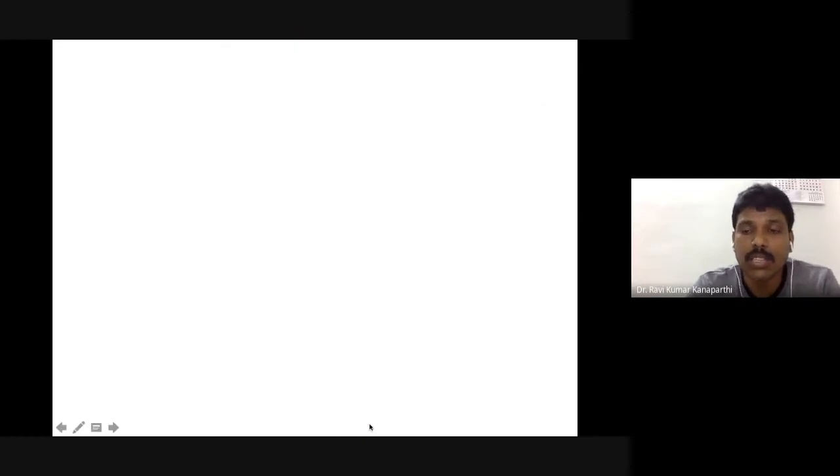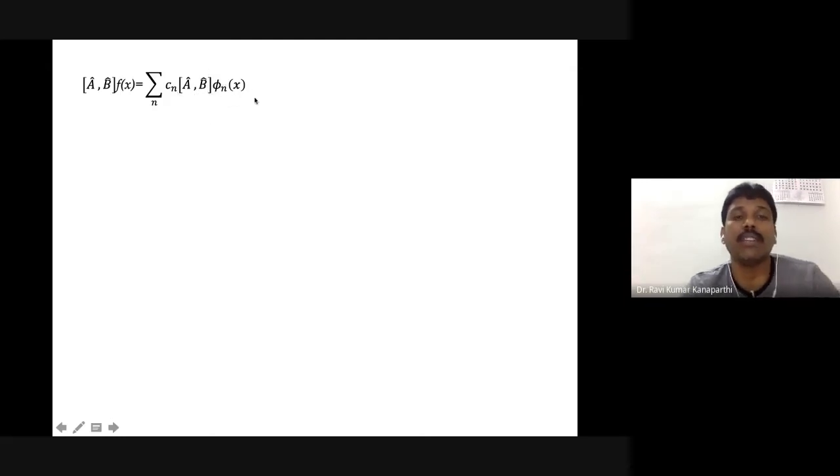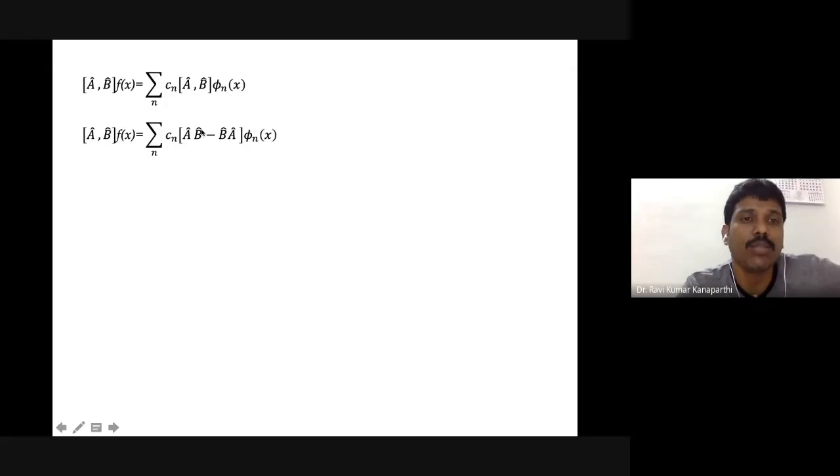That is exactly what is done in the next step: sigma n runs from 1 to infinity, Cn times the commutator of A, B, multiplied by phi n of x. Now you can expand the commutator A comma B, which is nothing but AB minus BA, acting on phi n of x.